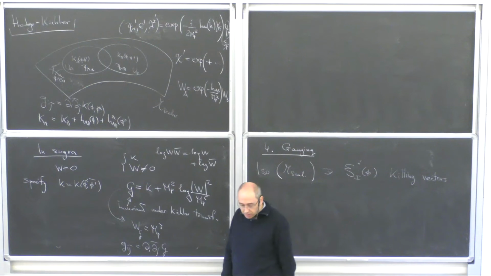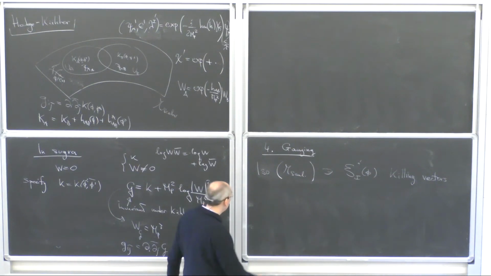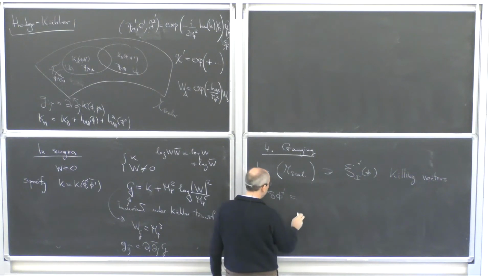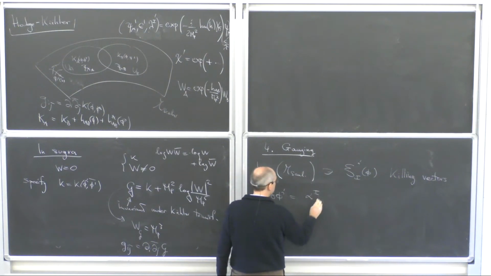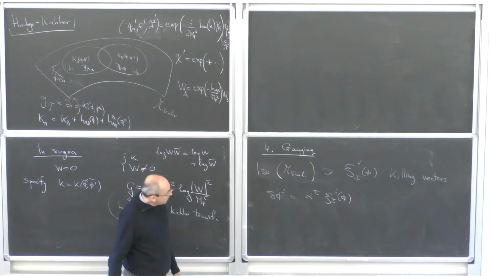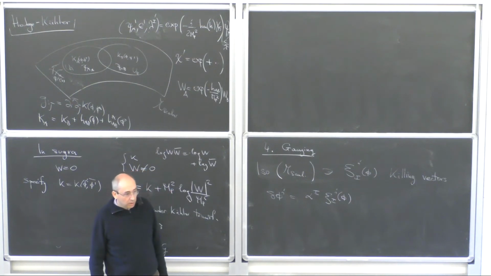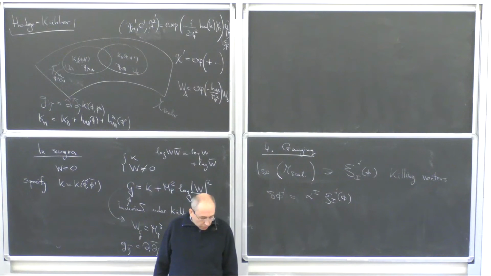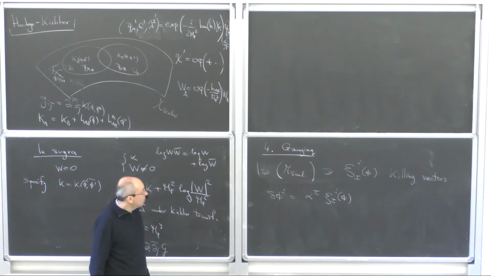And the point is that if I have my scalar fields, they will transform with some parameters times these Killing vectors. The thing is that these Killing vectors cannot be arbitrary, because of course what I want here is to preserve supersymmetry.